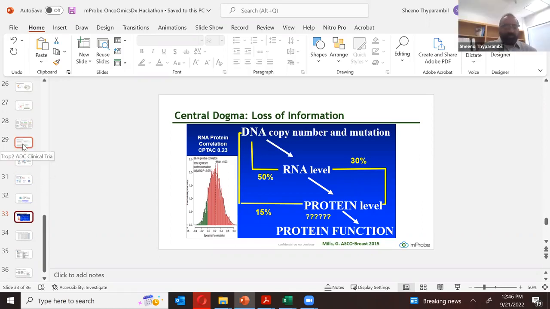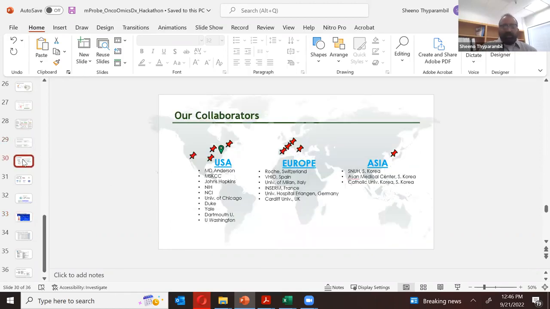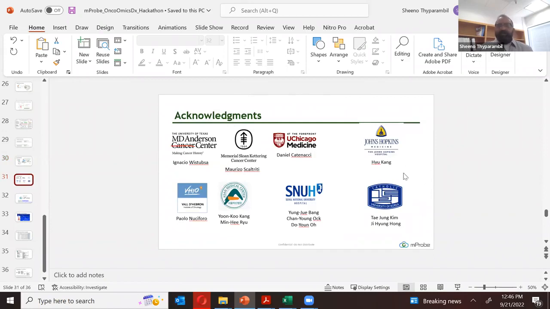I know it's 12:45, so I'm going to stop here. I just want to let you know, all this work is not coming from just us. We're happy to collaborate with some really smart people from different parts of the world, and some of them are listed here. This is a very small cohort of prostate cancer.